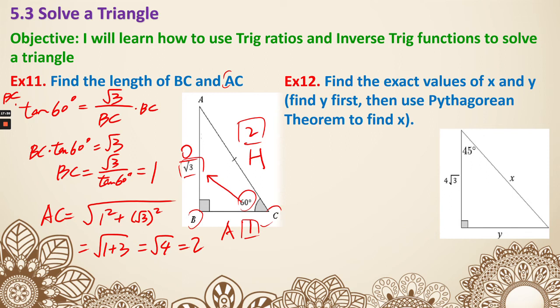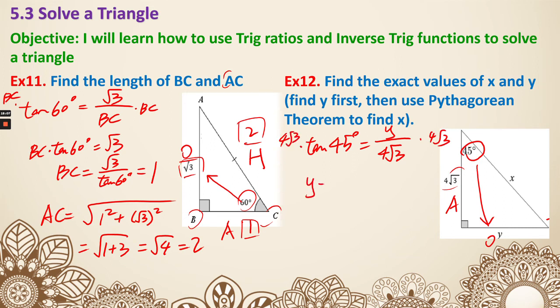Example 12. 45 degrees. So that means this one has to be 45 degrees. It's asking you to find x and y. Since this is the side we already know, if we're using this angle, that's going to be opposite and adjacent. So I can use tangent 45 degrees equals my opposite, which is my y over 4 square root of 3. So multiply both sides by 4 square root of 3.